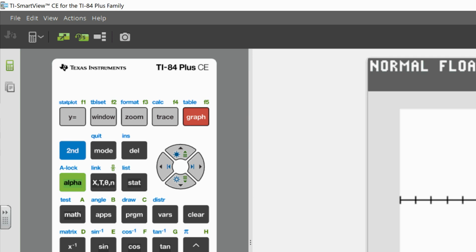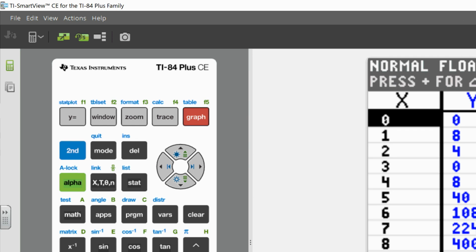And if we hit graph, we're trying to see where it's 0. Well, there are 2 places where it's 0, yes? Well, we can say second graph to look at the numbers. We have a 0 at 0, and we have a 0 at 3.